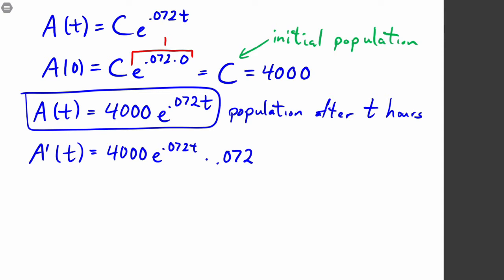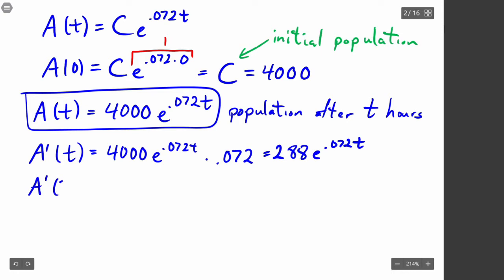So we want 4,000 times 0.072, which simplifies to 288 e^(0.072t). And so the rate of growth after 3 hours would be A'(3), which is 288 e^(0.072 times 3), and we compute this number.